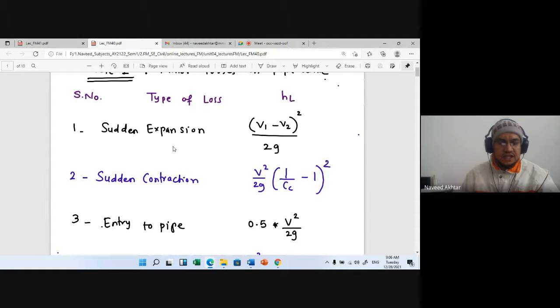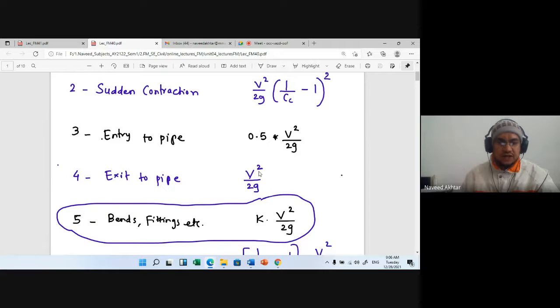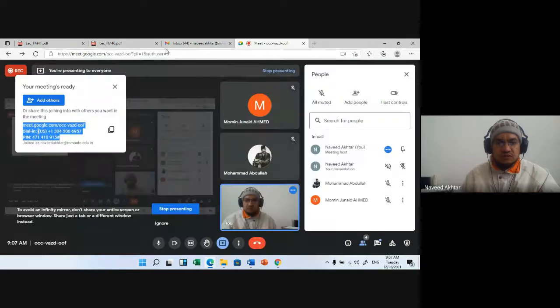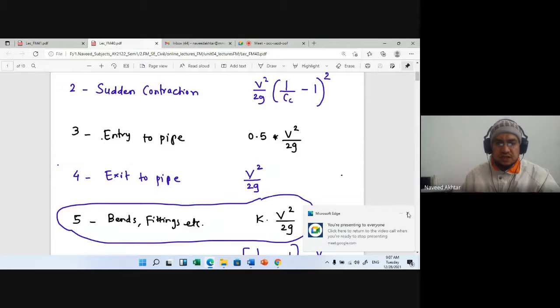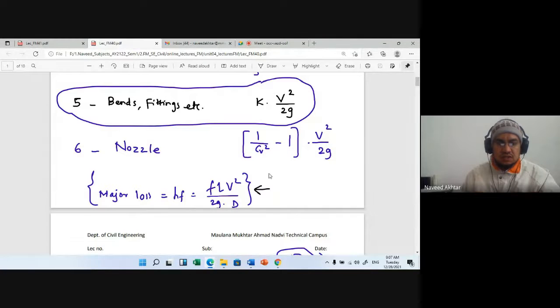These are: sudden expansion, (V1 minus V2) whole square upon 2g; sudden contraction, V square upon 2g times (1 upon Cc minus 1) whole square; entry to pipe, the minor loss is 0.5 times V square upon 2g; exit to pipe, the loss is V square upon 2g; and if there are bends, fittings, etc., then K times V square upon 2g is the minor loss; and if nozzles are provided, the loss will be V square upon 2g times (1 upon Cv square minus 1).